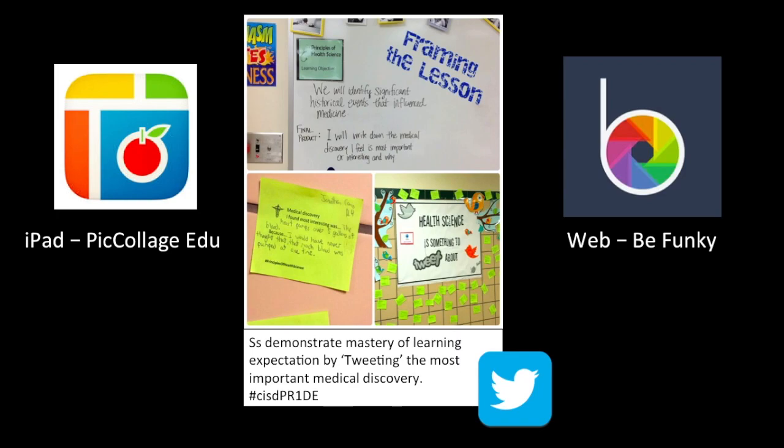Take pictures of the board, take pictures of student work, put it all in a collage. If you have an iPad or an iPhone, you can use the Pic Collage app, or if you want to use a web tool, you can use Be Funky. But just make sure that you include what the students are doing in the tweet.